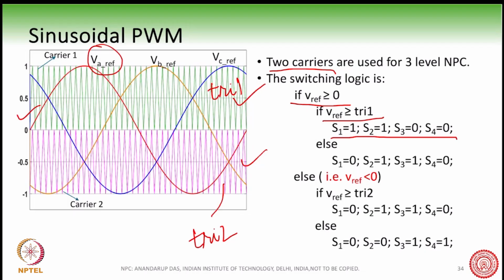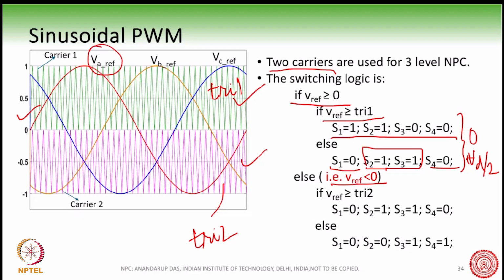Else, therefore, S1 is 0, S2 is 1. So basically we are switching the middle two switches, and S1 and S4 of course will be 0, because here we are going to switch between 0 and VD by 2. This is our target.